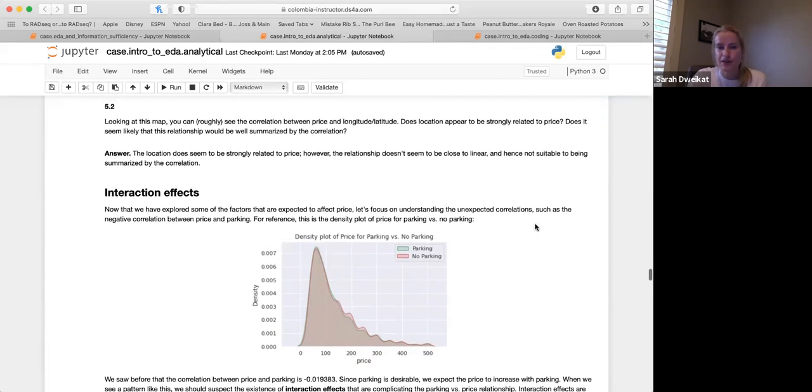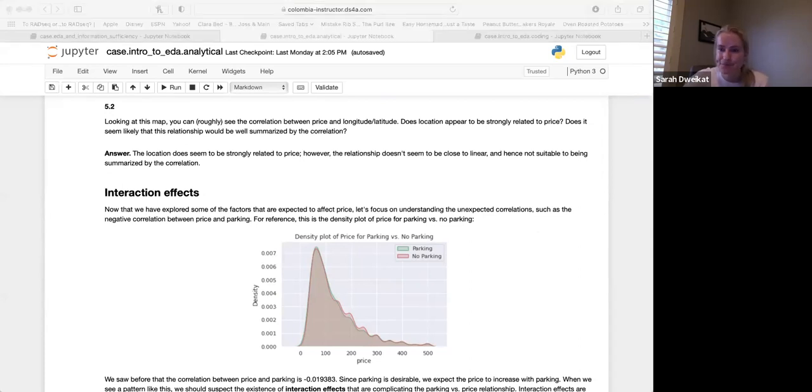Okay, so does that make sense to everyone? We're now going to discuss our next variable, which was parking. We thought there should have been a relationship there, and there seemed to be nothing going on with parking and price. I'm just checking in on the live chat. Okay, so yeah, this makes sense.